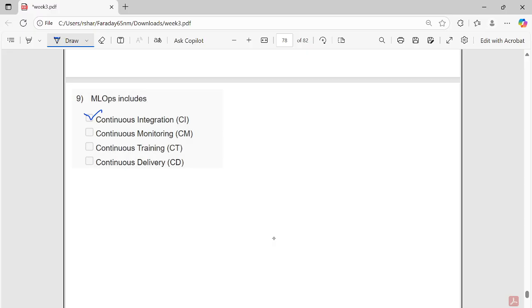Next is CM, continuous monitoring, monitoring model performance and data drift in production. Next is CT, continuous training, continuously retraining models with new data. CD, continuous delivery, automating deployment of the model to production. So all the four. Yes, all the four.